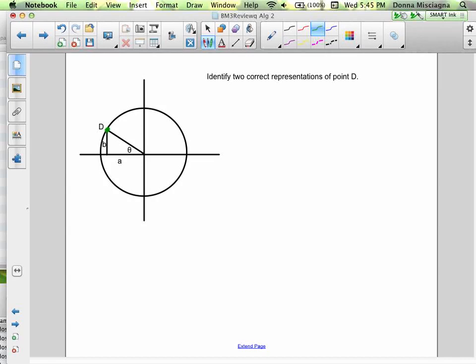So our point here would be AB, because A is the horizontal and B is the vertical. You don't have to worry about sign here. I could have put it over in the first quadrant, right? But we're just looking that you can identify the fact that this is the X and this is the Y, right? Now, how else can we identify it? That was one way we could identify it as a point.